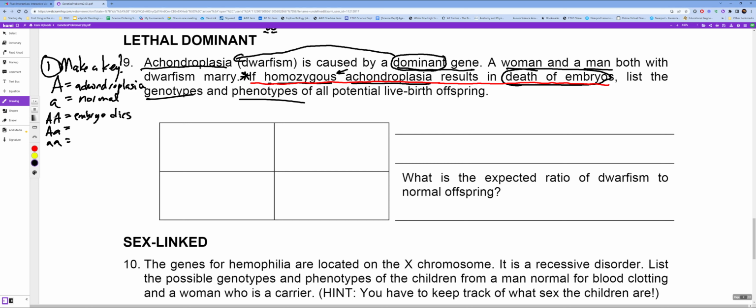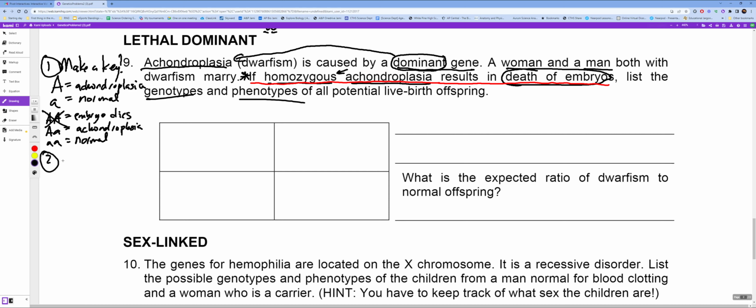So we never see these children. We never will see a big A, big A. They just don't exist. They never make it past the embryo stage. Now, big A, little a, this is a viable offspring, and this is an offspring that has achondroplasia. Okay, little a, little a, this is a normal individual.